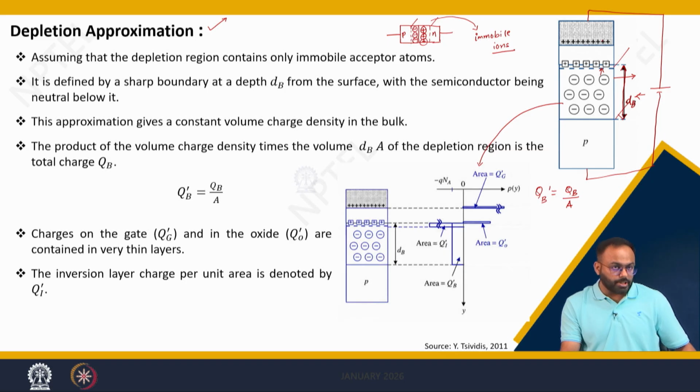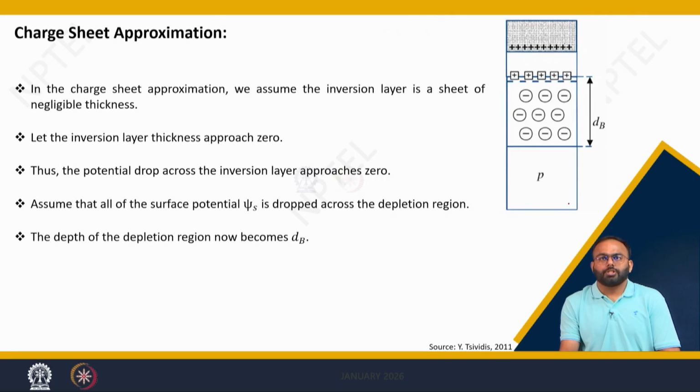The other approximation we are considering here is the charge sheet approximation, which says that the thickness of this inversion region is very, very small. It is like you are applying a positive voltage, there will be a depletion charge and then there will be an inversion charge. We are considering the thickness of the inversion layer to be very, very small, and hence if this thickness approaches 0, so delta y approaches 0, the potential drop across that zero thickness of inversion charge is almost 0.